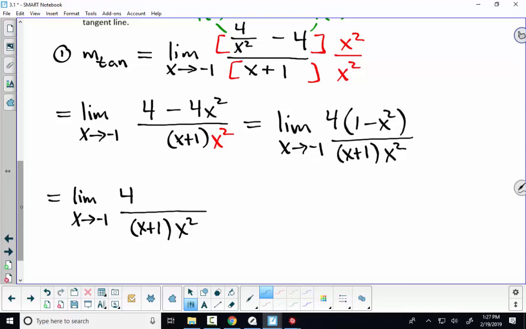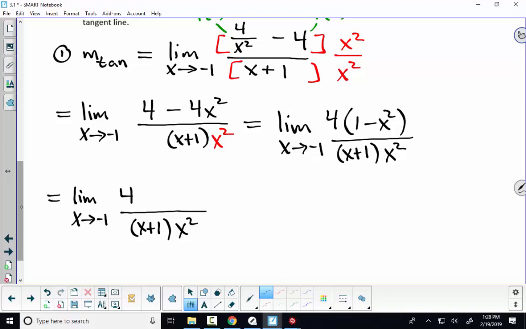Whenever you plug in x, it's a perfect square, so you'll get a positive result? Depends. What if I plugged in a half?